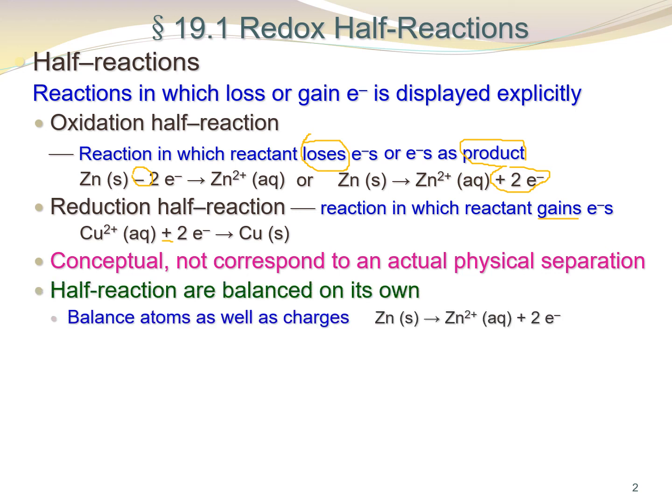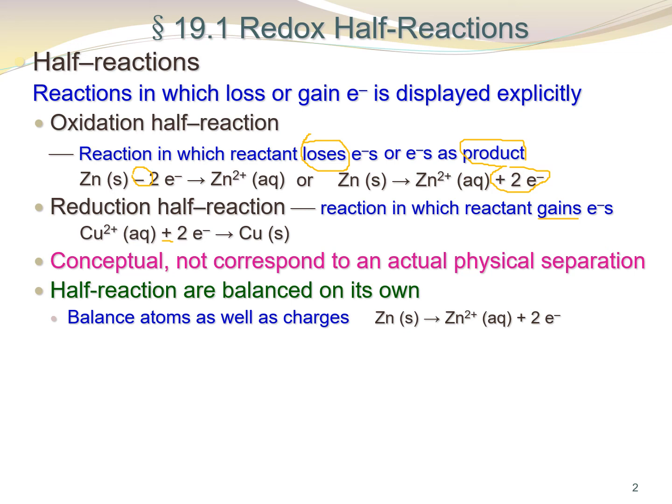One of the important characteristics about half reactions is that a half reaction has to be balanced on its own. Which means not only do we need to get atoms or ions balanced, we also need to get the charge balanced as well.